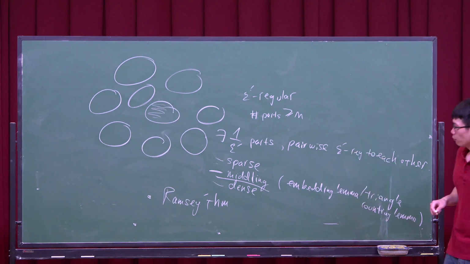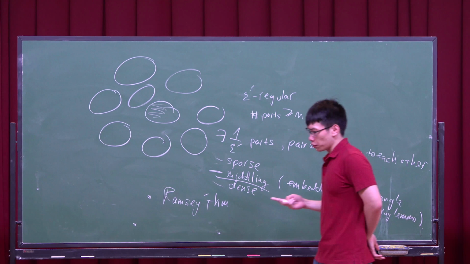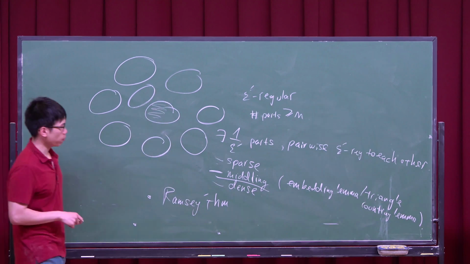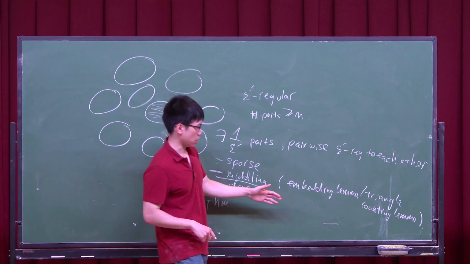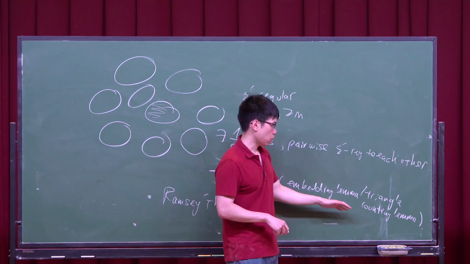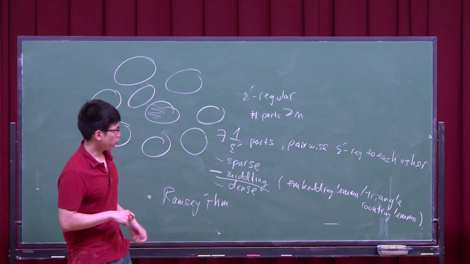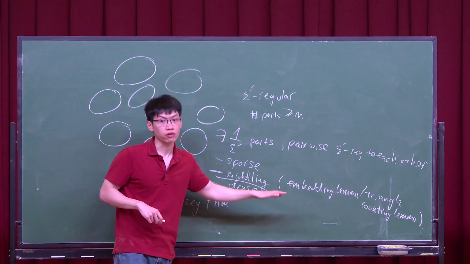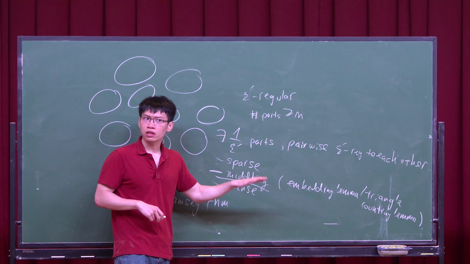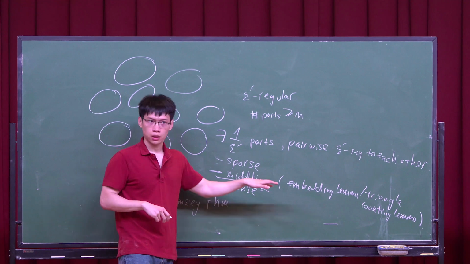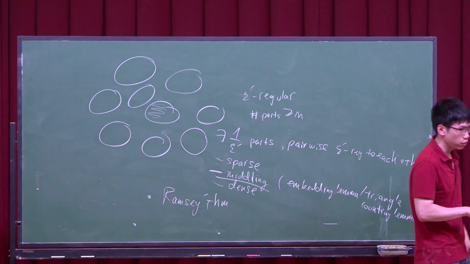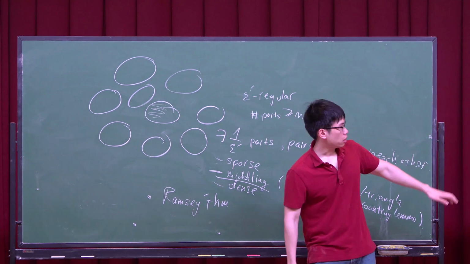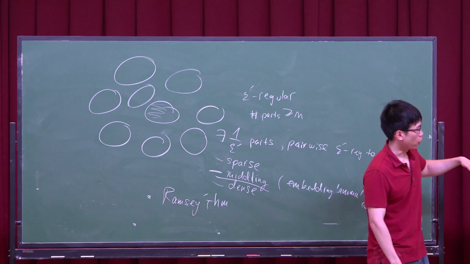So there are two things about this proof method. The first thing is that in the last step, when we use the embedding lemma or counting lemma, this step actually not only gives us one copy of H, but it gives many copies of H inside the whole strategy. And if you work out the numbers, this is a function of epsilon, or to be more precise, a function of delta.